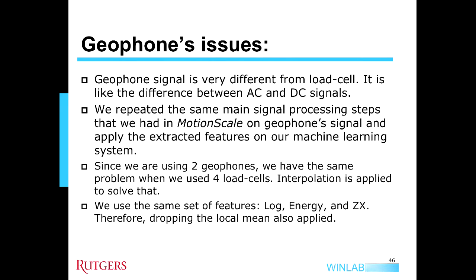And we still have to use multiple sensors, like we have 2 geophones, so we have to deal with the problems of packet loss. The same set of features are used. Here we're talking about detection, so we go back to log energy and zero crossing. We'll see which of these features is useful here for the geophone.